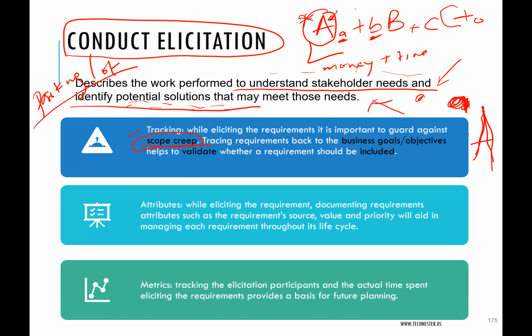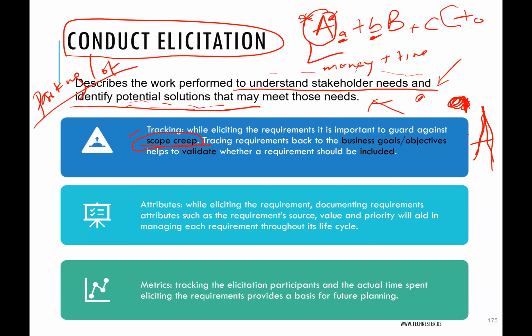So during conducting elicitation, the BA is tracking. The BA is also documenting requirement attributes as it's collecting requirements. I mentioned this in planning, where we showed the attributes of requirement. I said a requirement has an owner, a source, an author.